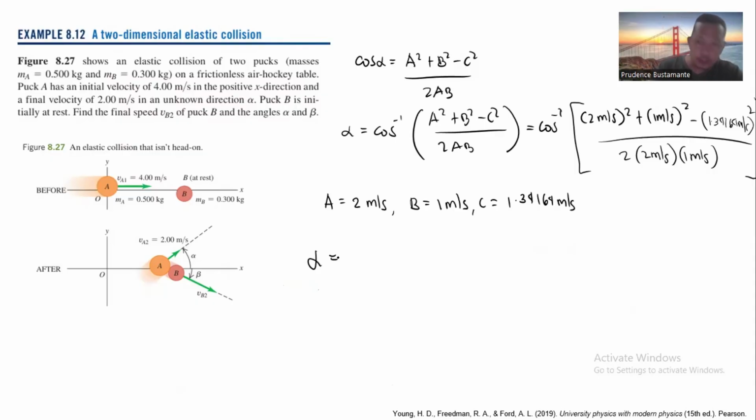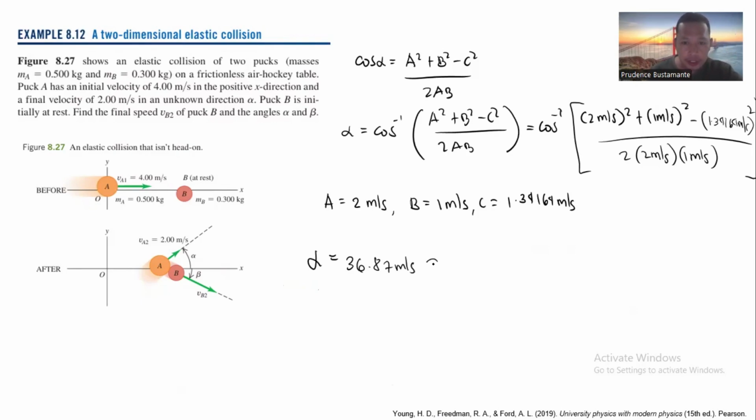so let's do the calculation. 2 squared plus 1 squared minus 1.34164 squared over 2 times 2 times 1. So we have here 36.8687.